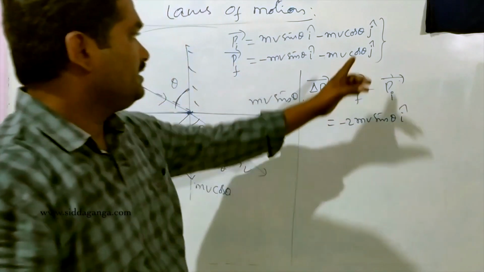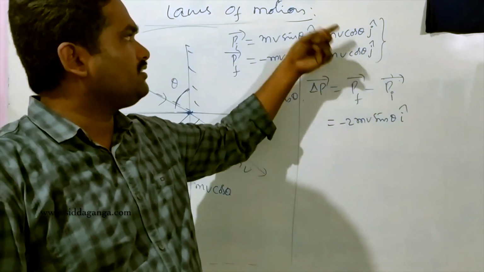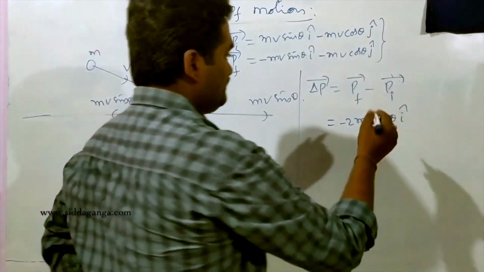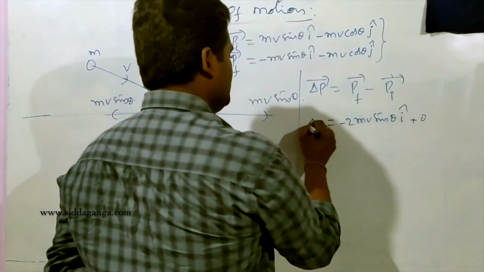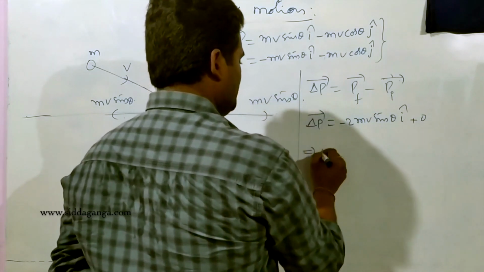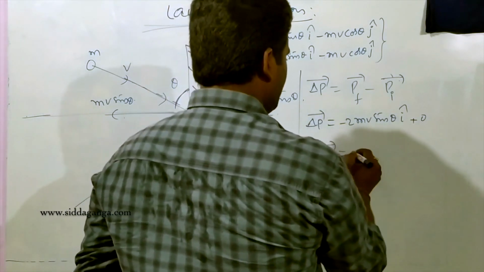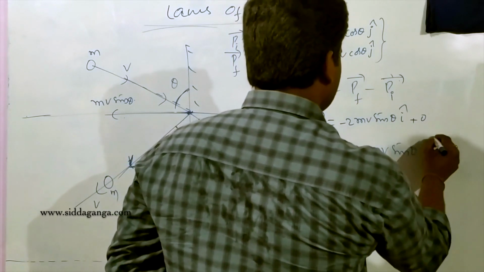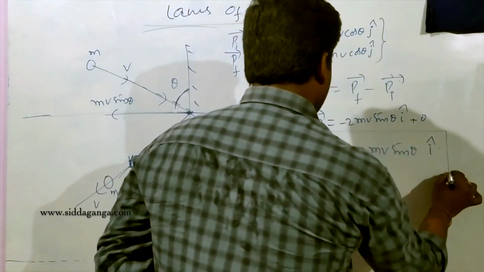And here minus mv cos theta, minus of minus mv cos theta means plus mv cos theta, so they will cancel each other and you will get 0 over there. So finally the change in momentum delta p will be equal to minus 2 mv sin theta into i cap.